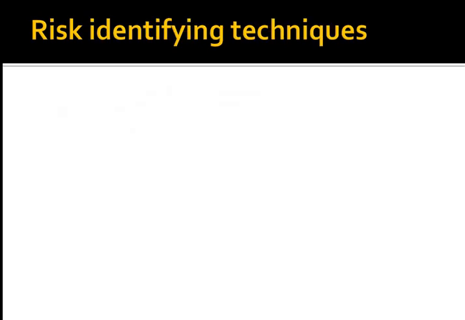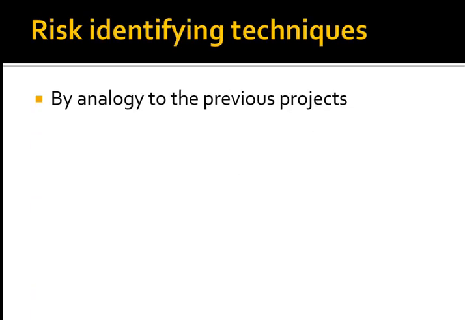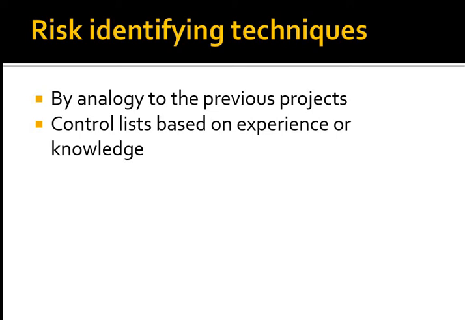So to identify, we can rely on the previous project. So if we have enough experience, this is great. We can have some potential factors against which we need to check our project. So this is also based on our experience or on the experience of our organization, general knowledge, whatever.